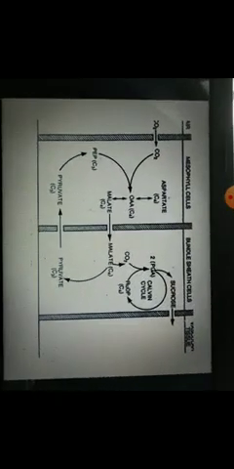Clear? So here this is the same cycle again. Carbon dioxide comes from air, it comes to mesophyll cells where it combines with phosphoenol pyruvate to form oxaloacetic acid. From oxaloacetic acid, some of it is converted into aspartate and some of it is converted into malate.